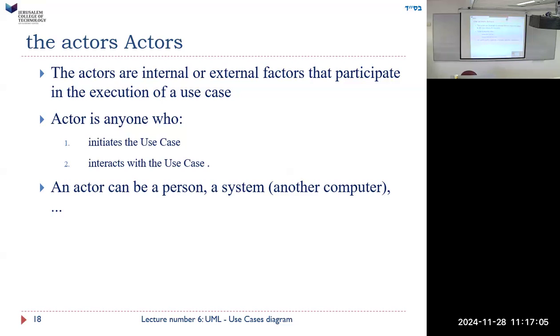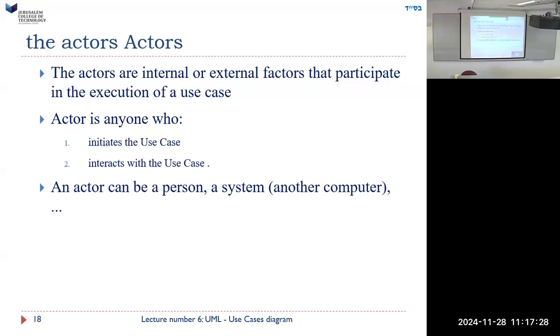Like the chef didn't initiate the order, but he interacted with it. What do we mean by internal or external? The actors are external to the system, but one use case could activate another use case, so that would be internal.